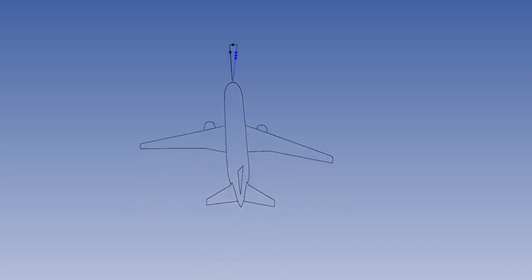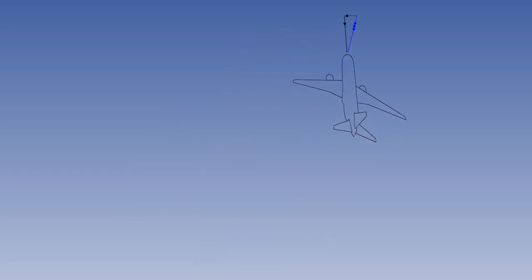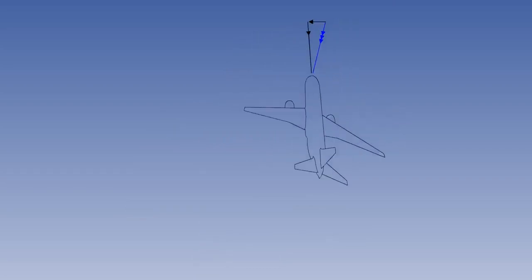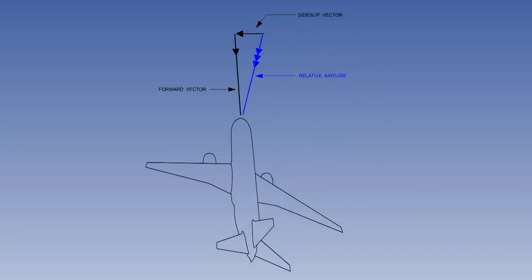As the aircraft side slips, the relative airflow is no longer parallel to the longitudinal axis, and the forward speed vector and the side slip vector give a resultant relative airflow from the side. It will be easier to see what is happening if a two-dimensional view is used.